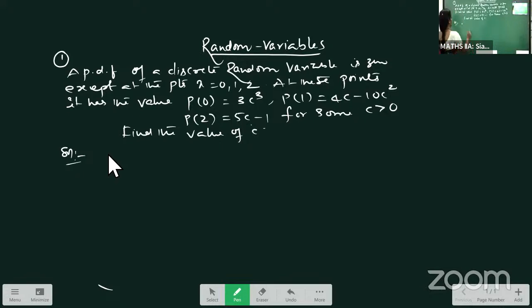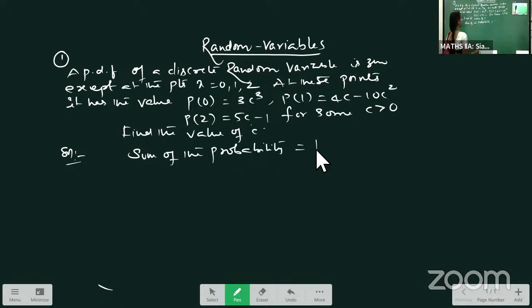So here, P of 0 plus P of 1 plus P of 2, only 3 probabilities are given to us, make it equal to 1.